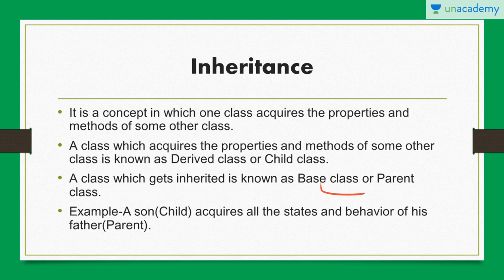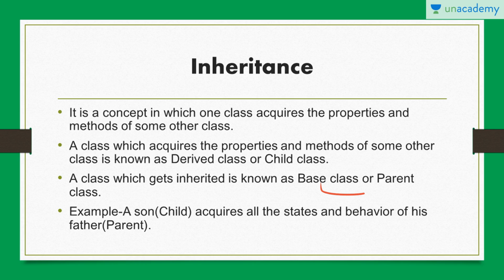So basically, a class which is giving its properties and methods to some other class is known as a base class or parent class. Its real life example is a son acquires all the states and behavior of his father. This is true. Your father has some states and behaviors which are acquired by you.